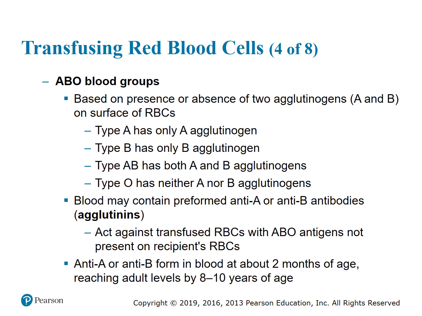The blood may contain preformed anti-A or anti-B antibodies, called agglutinins. These act against the transfused red blood cells with the ABO antigens that are not present on the recipient's red blood cells. Anti-A or anti-B form in the blood at about 2 months of age, reaching adult levels by 8 to 10 years of age.